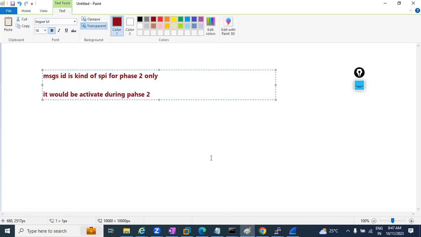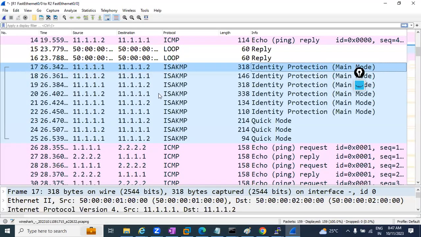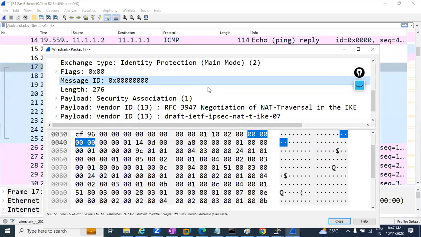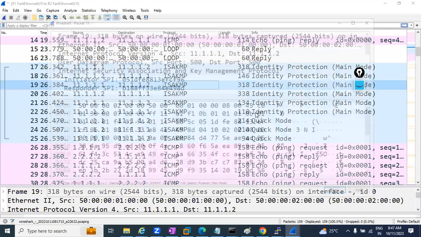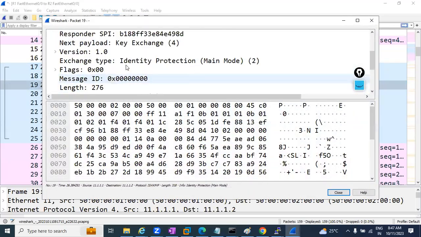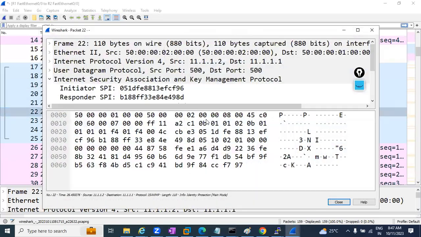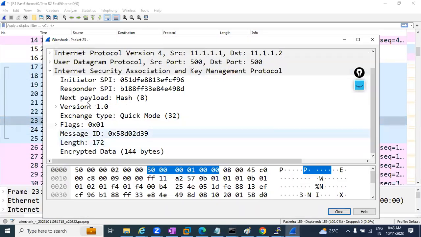Now, I will show the message number 1, which is phase 1, and after the flag, message ID is 0. Here again, message ID 0. And if I show the last message of phase 1, again message ID is 0. But if I talk about quick mode, the message ID is what? It would have some value.